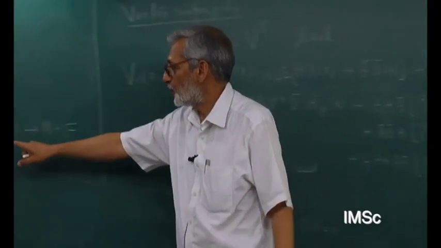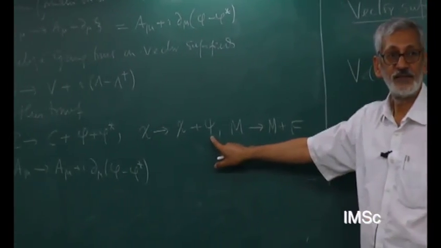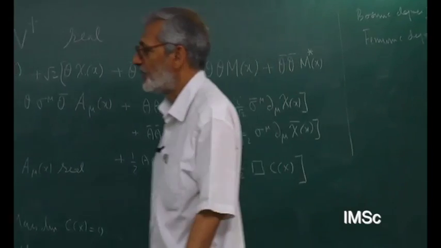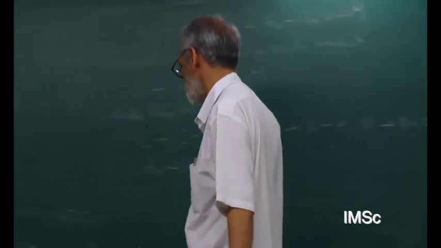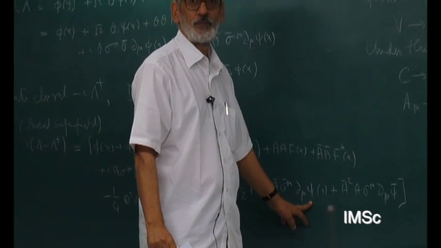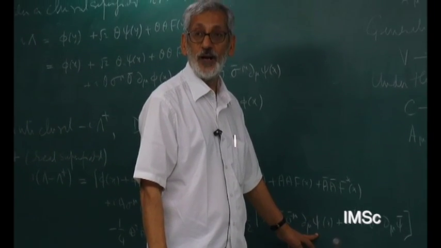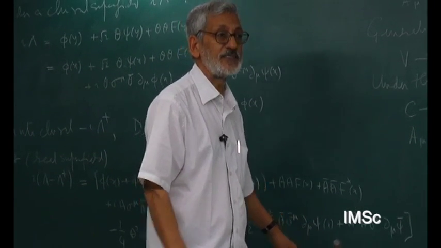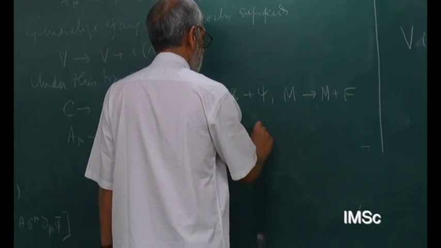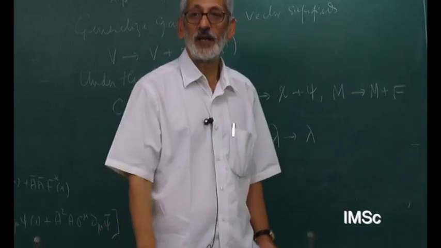Chi changes by chi plus psi. So this chi will change by chi plus psi by adding this piece. That will leave lambda unchanged. Now you know why that convenient piece we added here.